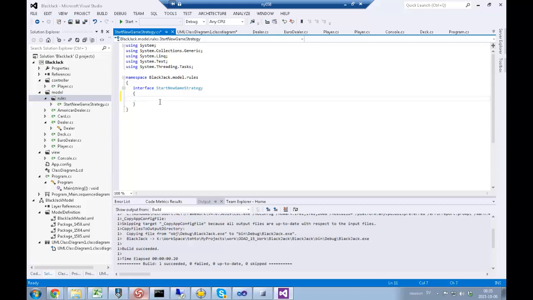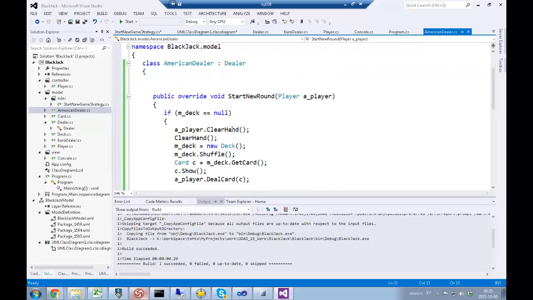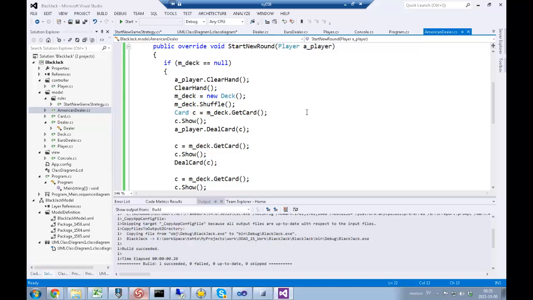So the problem now is, of course, to devise this interface. And I think that we should take a look at the implementation that we have. So what we need in this interface is we need to have the player, and we also need to have the dealer, and we need to have the deck of cards so that we can take a card from the deck, give it to the dealer and player respectively.